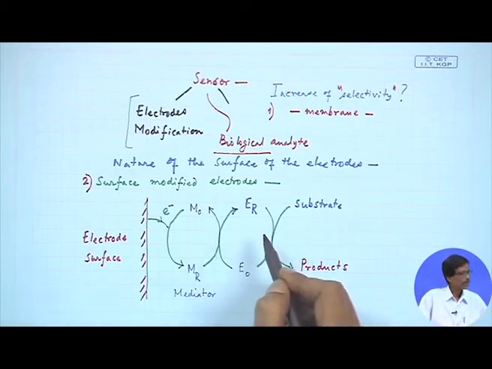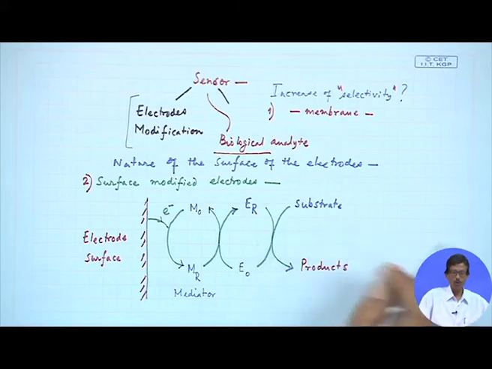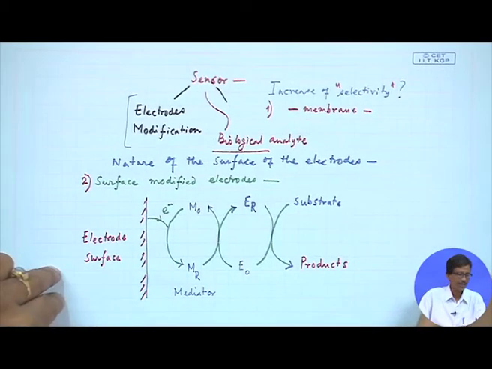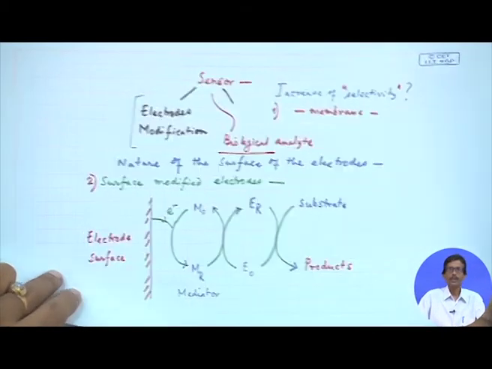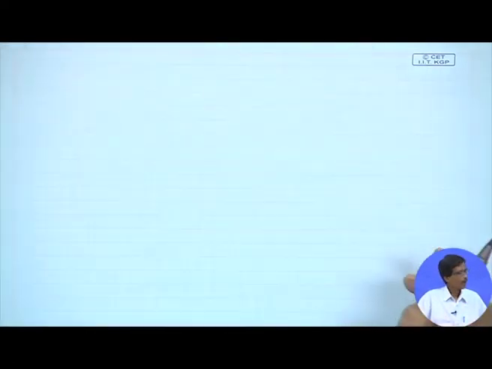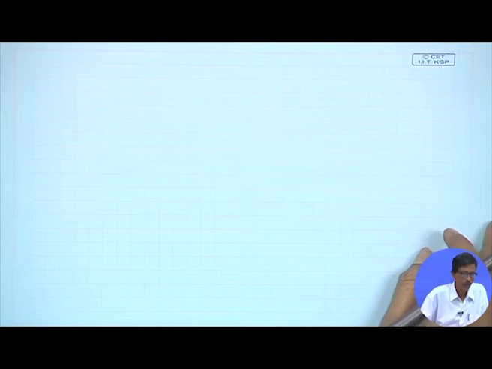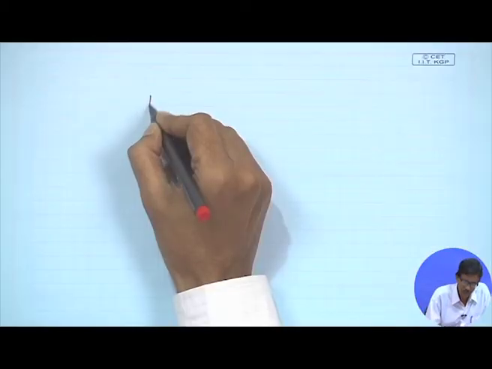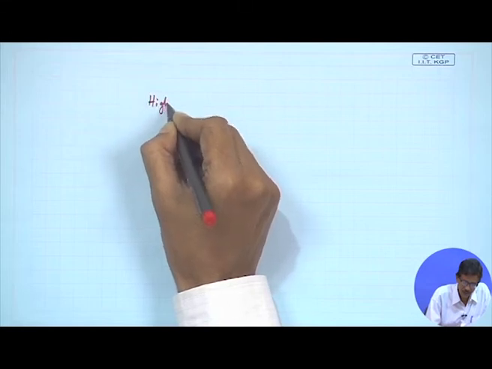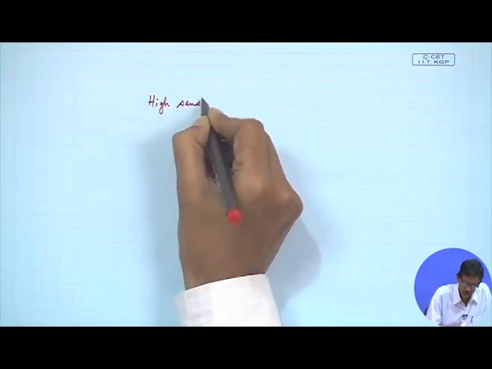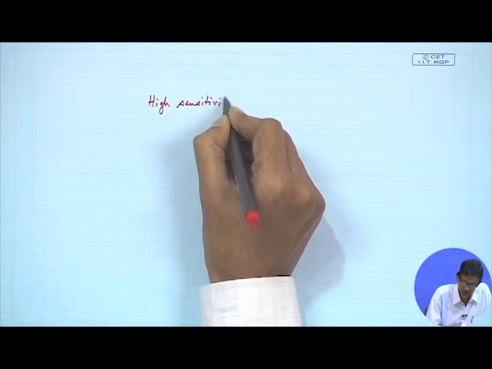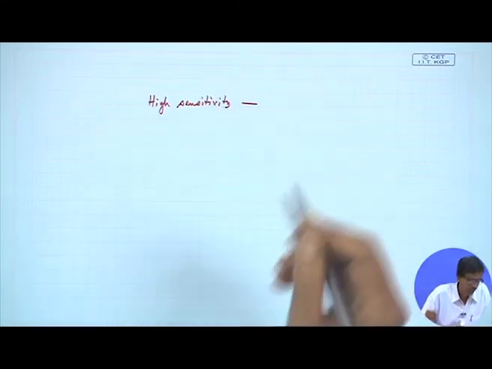So, these mediators are very common for the development of these types of sensors. Particularly, we will be discussing two sensors in our next class. One is your oxygen sensor, another is the glucose sensor. So, you can bring high sensitivity for the corresponding reaction.